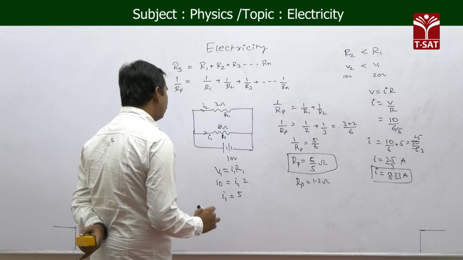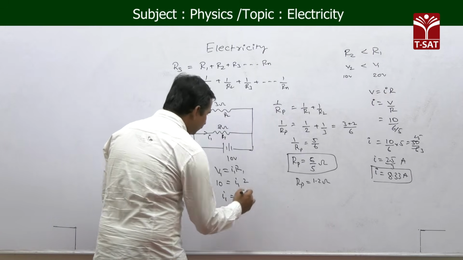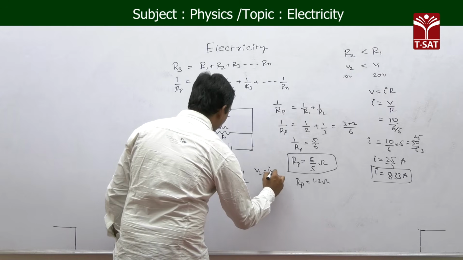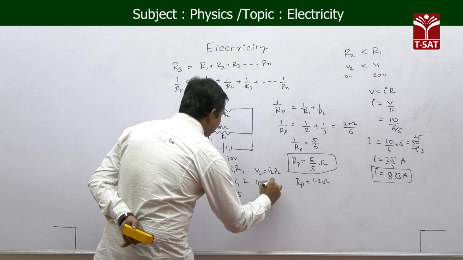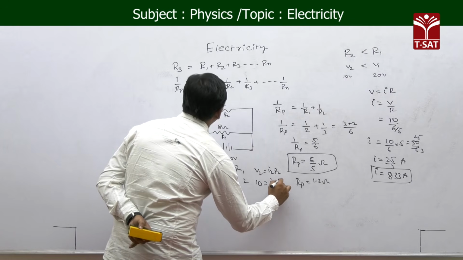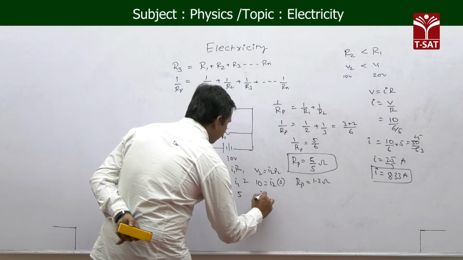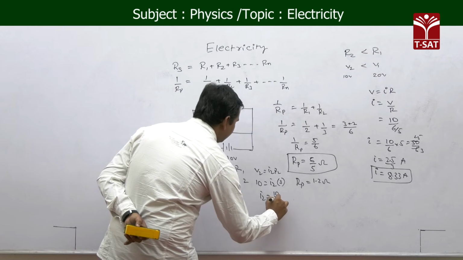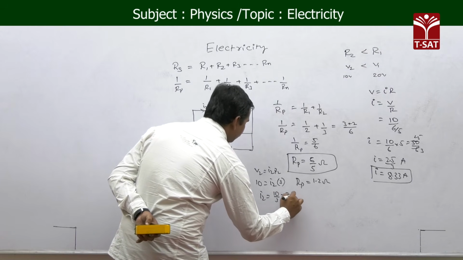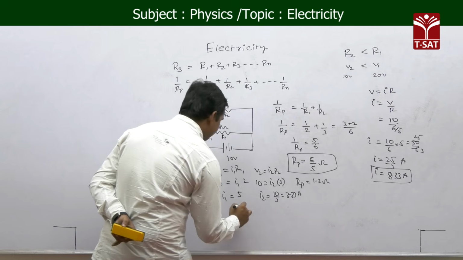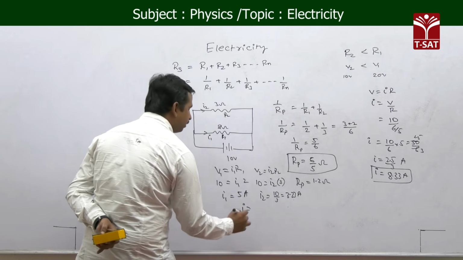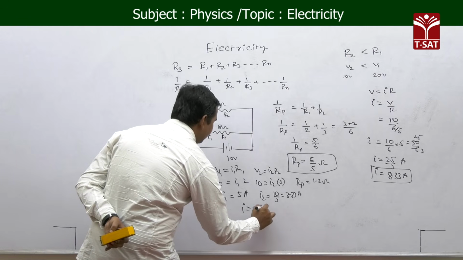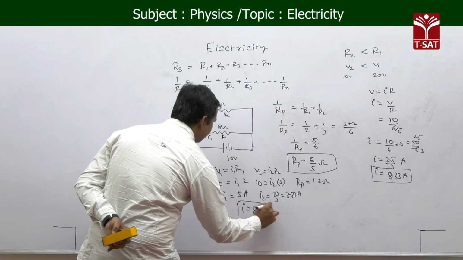For I2, V2 is equal to I2 R2, V2 is 10 again and the resistance is 3, so I2 becomes 10 by 3, which is 3.33 amperes. Finally, the total current I is 5 plus 3.33, which is again 8.33 amperes.